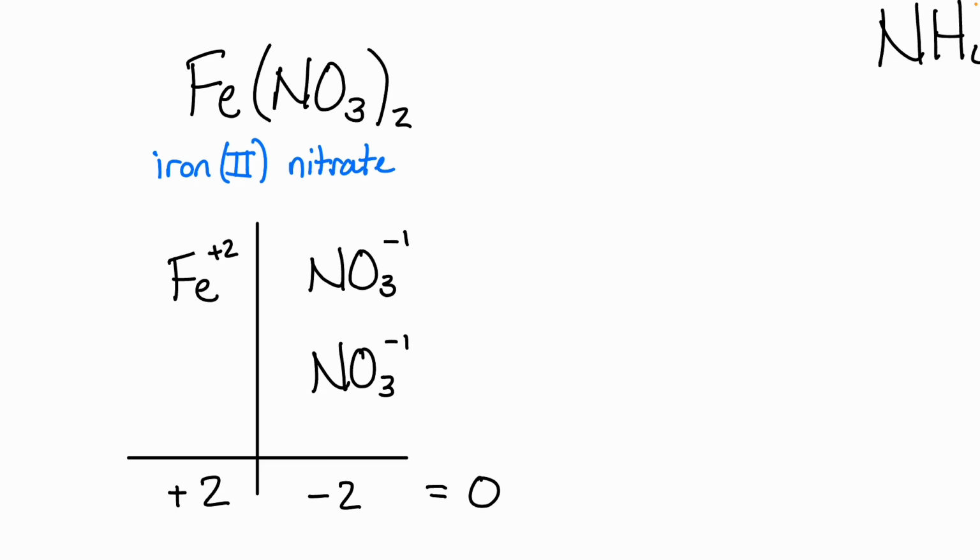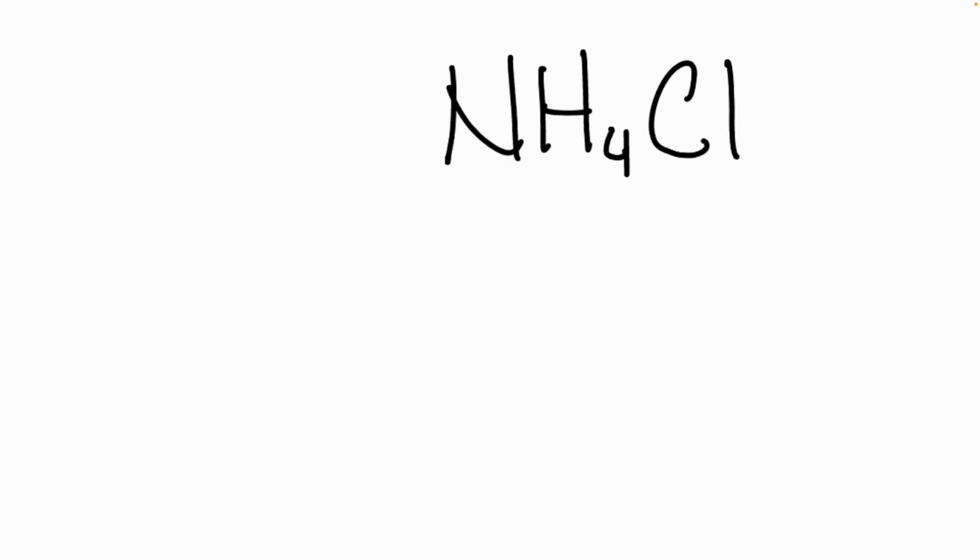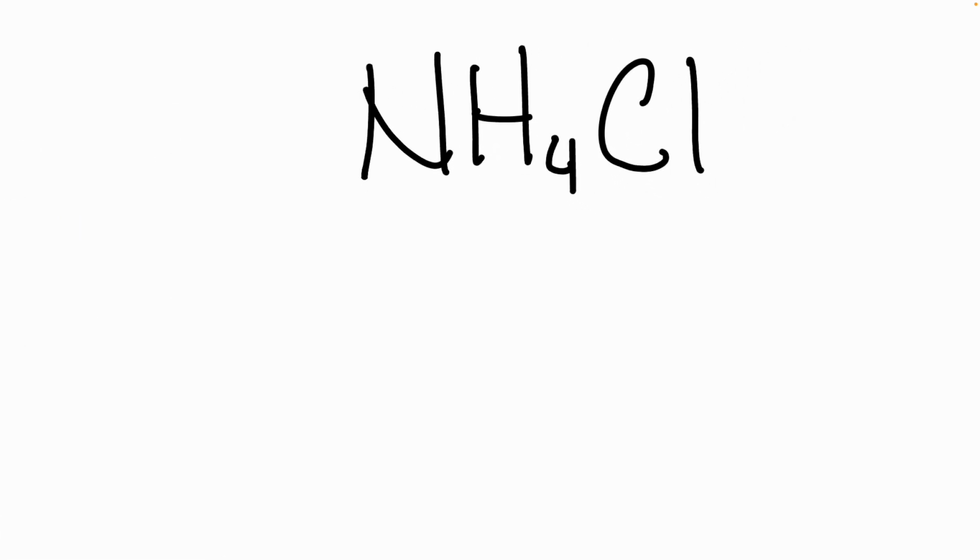Okay? So the last one that I kind of threw up there, I wanted to do this example in particular because it's a little bit tricky here. Because you're going to look at that and you're going to say, well, nitrogen's a nonmetal, and hydrogen's a nonmetal, and chlorine's a nonmetal, so this must be a covalent compound. But that NH4, we just got to be able to spy as a very important polyatomic ion.